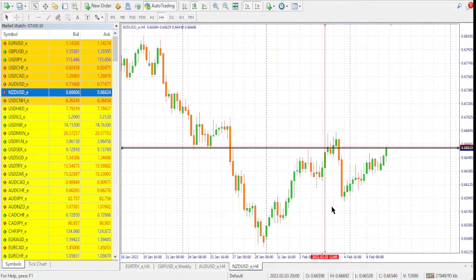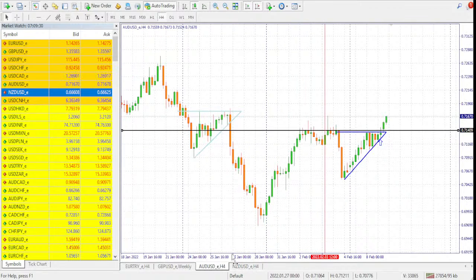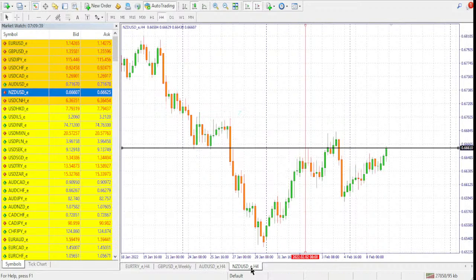The next example is this pin bar. We have a very good sell pin bar here. AUD-USD, we have the same pin bar here. So this is 2nd of February. The same thing, this is 2nd of February at the same time.